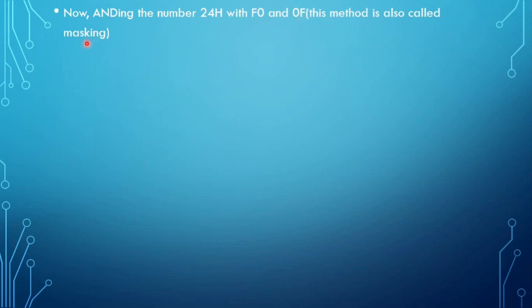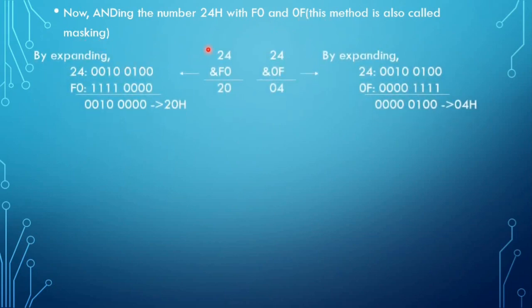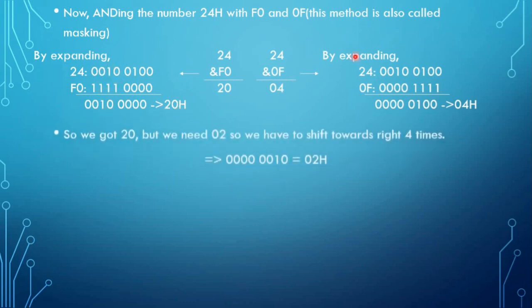This method is also called masking. 24 ANDed with F0. By expanding it, we can see that we are just ANDing the higher nibble, so the output is 20H. Similarly, 24 is ANDed with 0F. By expanding it, we can see that we are just ANDing the lower nibble, so the output is 04H.